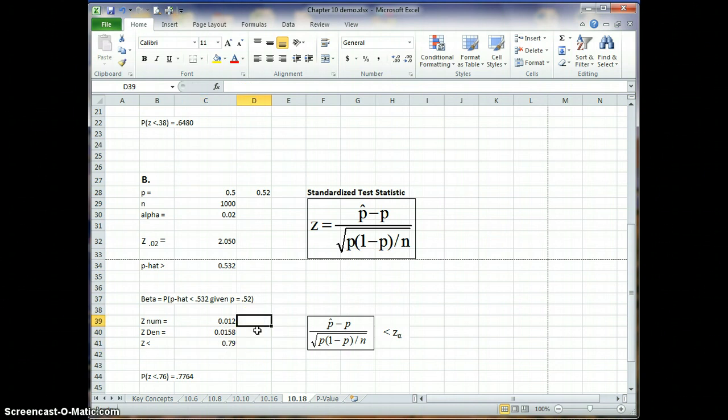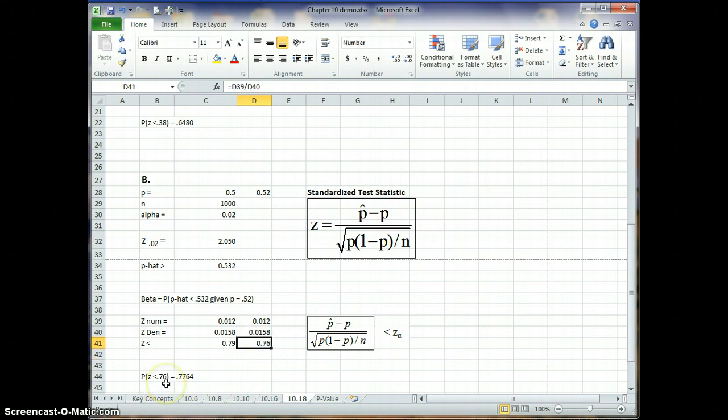Now I think that's a little bit of rounding there, so if I actually typed in the 0.012 and the 0.0158 and then did this division, numerator divided by denominator, to give me the z, it gives me 0.76.